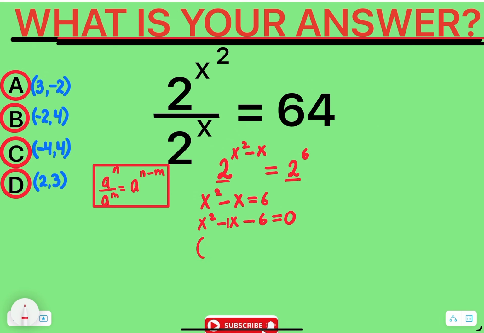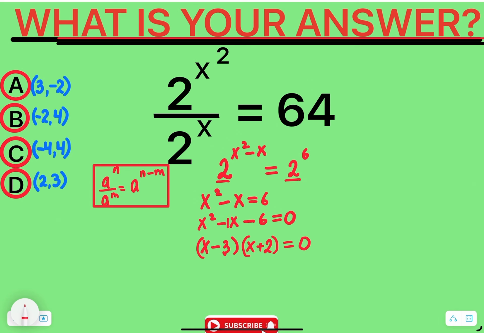Let's think about which two numbers, if you multiply them together, you will get negative 6, and the same numbers you add together, you will get negative 1. Those numbers are x minus 3 and x plus 2.